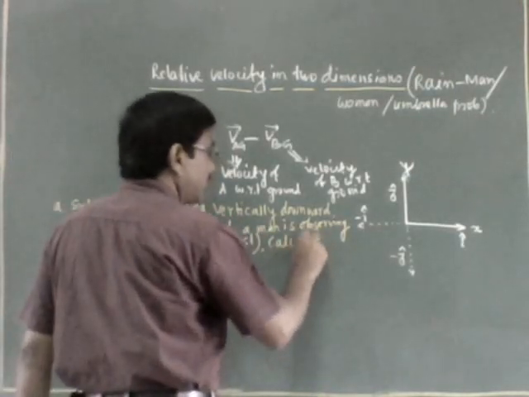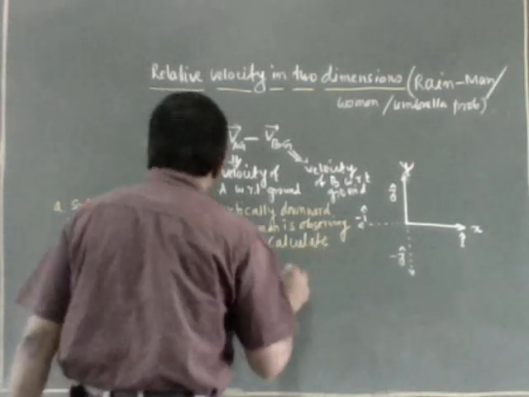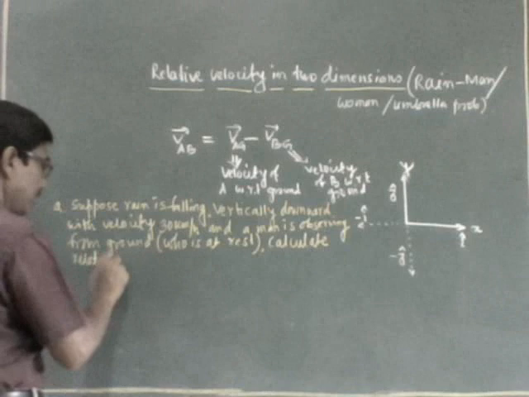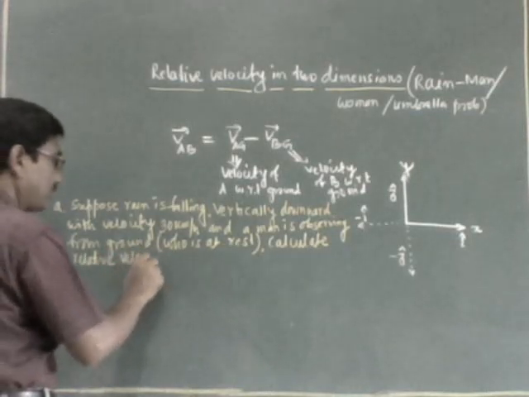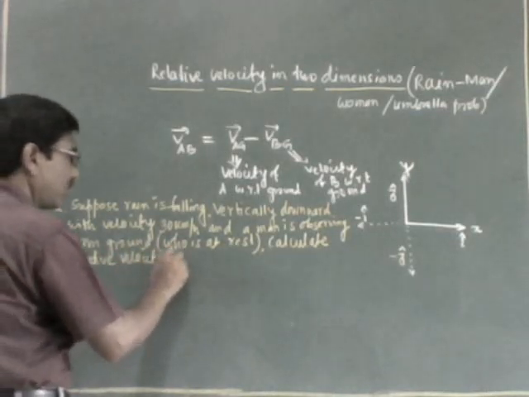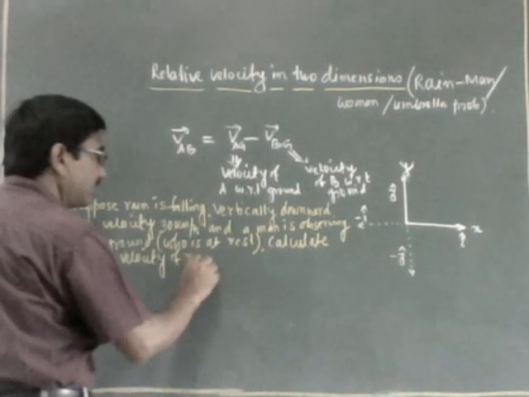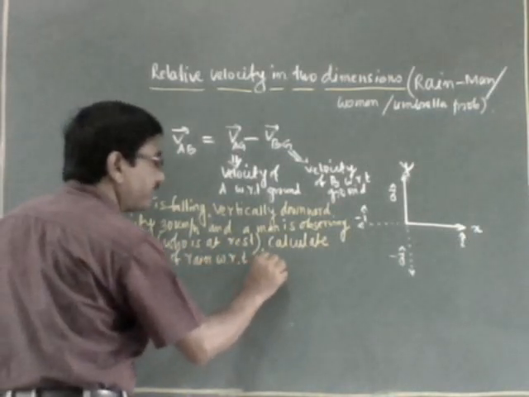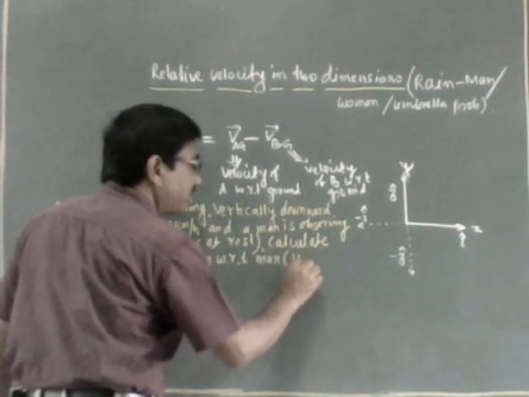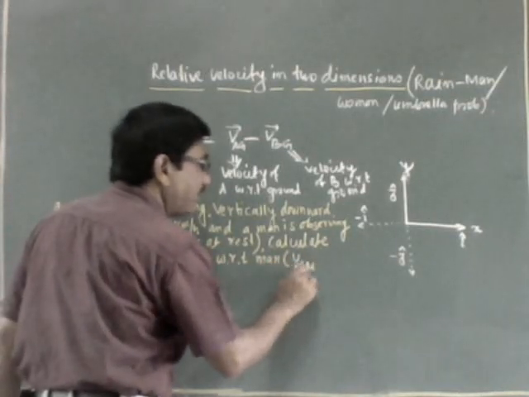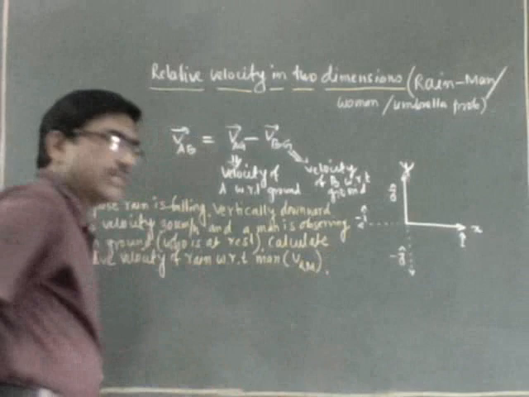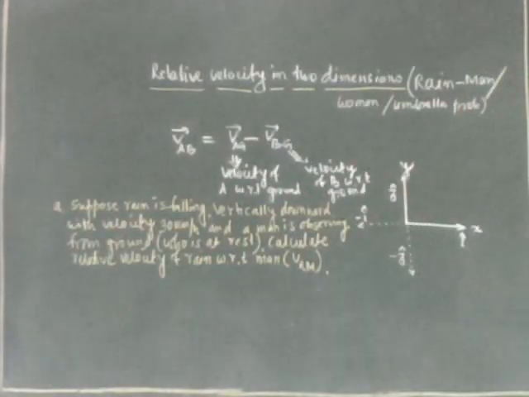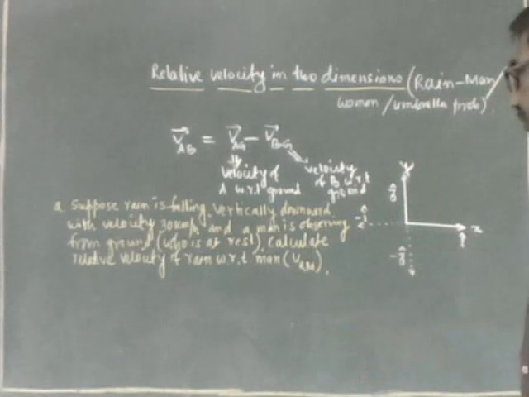Calculate the relative velocity of rain with respect to man. That is VRM, the velocity of rain with respect to man. That you have to find out.